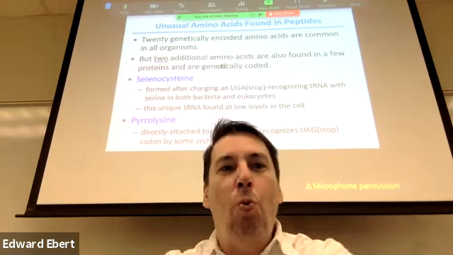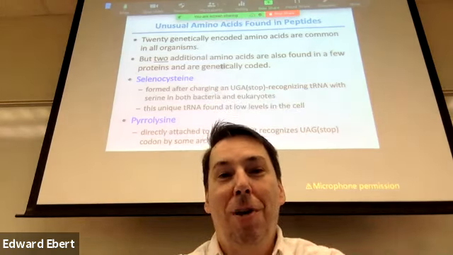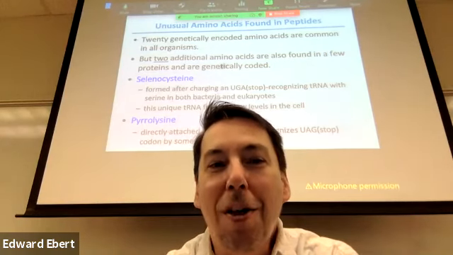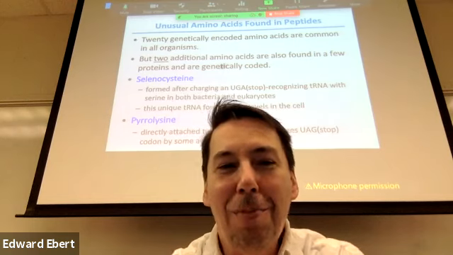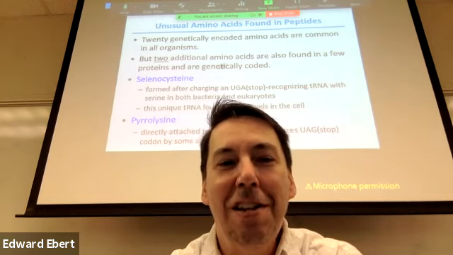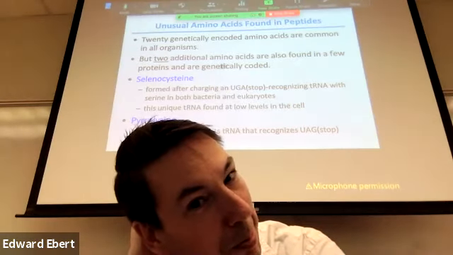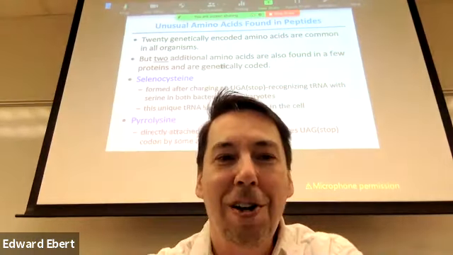So we see, again, our 20 amino acids that we've talked about before, but we also have a couple others in there that are oddballs, our selenocysteine. So we charge the stop codon with a serine, and this works in both bacteria and eukaryotes.